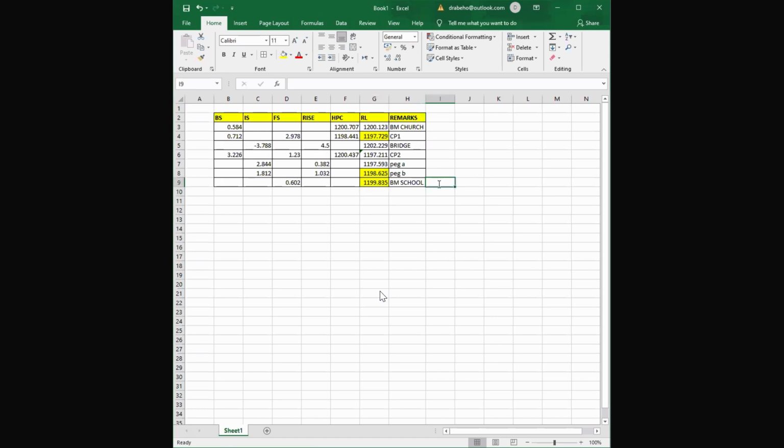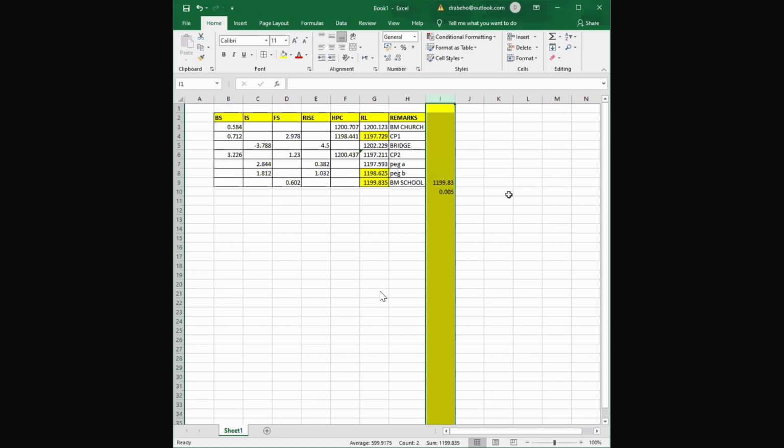If here we have computed 199.835, probably the known could have been 199.830. Maybe the difference of this minus that. So if this is what you have computed and this is the known, it means there's a difference of 5 millimeters. So how do we deal with this deviation?